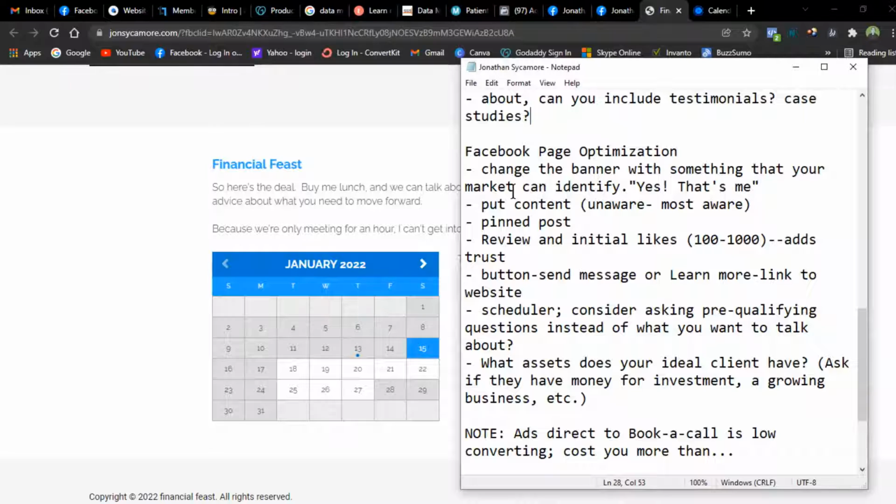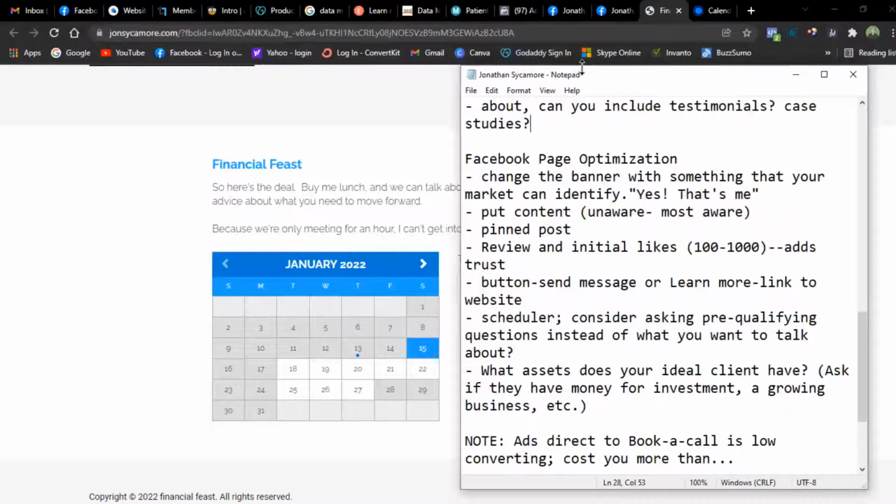Okay, I just want to talk quickly about the Facebook page, because the Facebook page is also an important asset for you whenever you're running ads. People click on your Facebook page link when they see your ads, and they're going to check you out on the Facebook page. So what you want is when people land on your Facebook page, they feel safe that you're a legit person. It's a real person. It's not a robot.